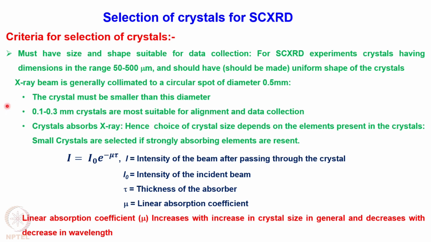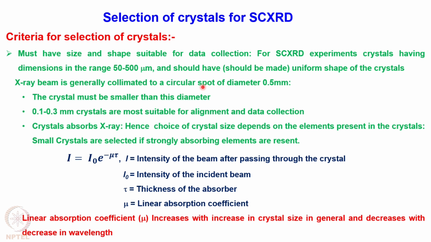And in general, the X-ray beam is collimated to a circular spot of diameter 0.5 mm, that means 500 micron, or sometimes slightly bigger. So, the crystal that we choose must be smaller than the diameter of the beam.